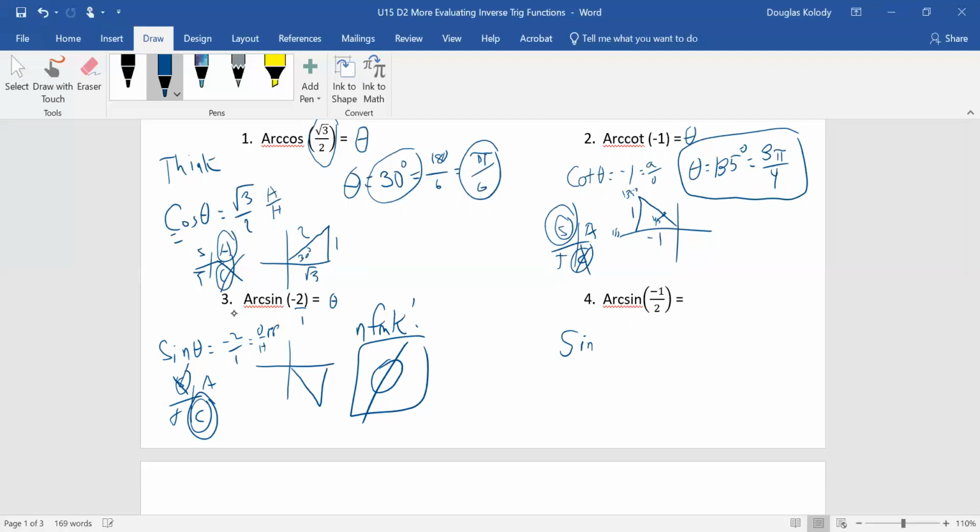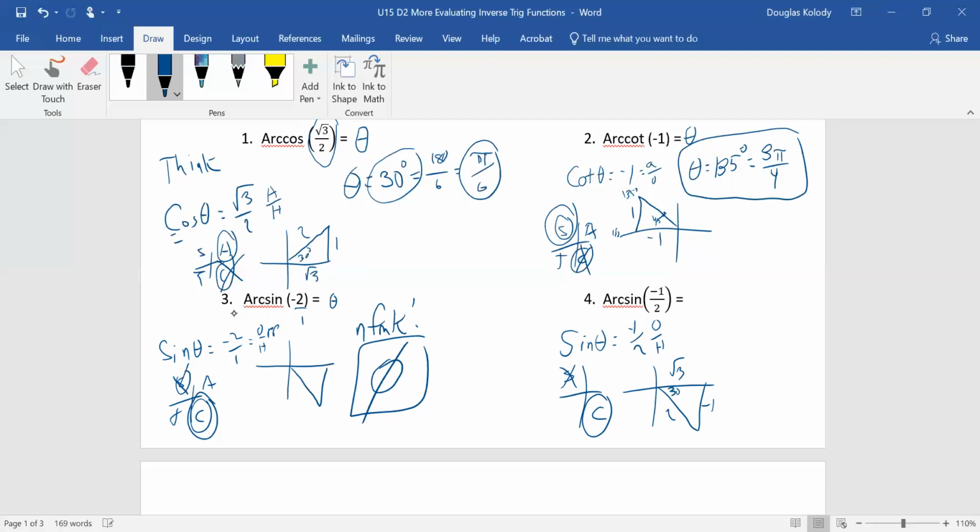The sine of what angle will produce an answer of -1/2? Well, this is good. I think this is more respectable. Again, S and C. Can't be this one. It's got to be right there. It's exactly the same deal. It's a negative value for sine. Okay, now let me draw a triangle right here. Again, opposite over hypotenuse. The opposite side is 1, which is negative. The hypotenuse is 2, which means this is √3. And what goes across from the 1?